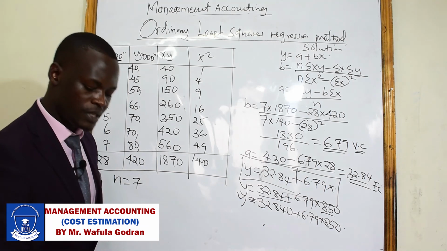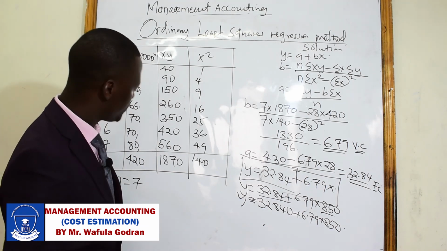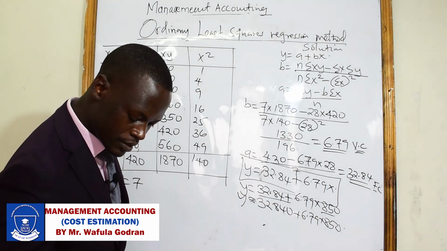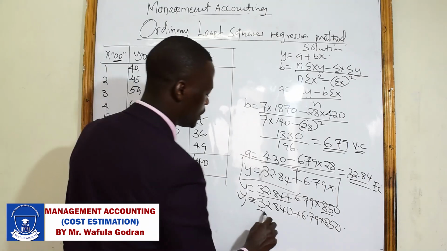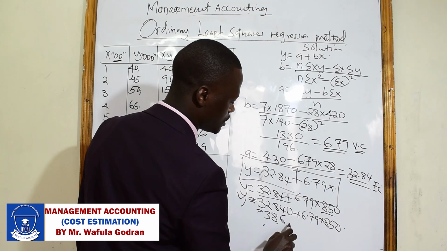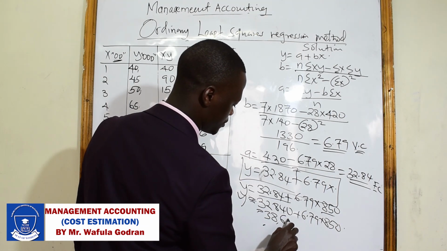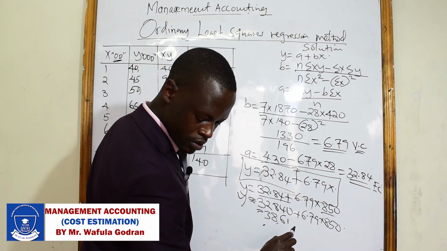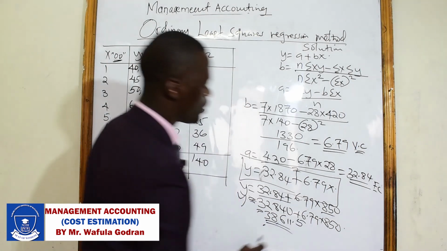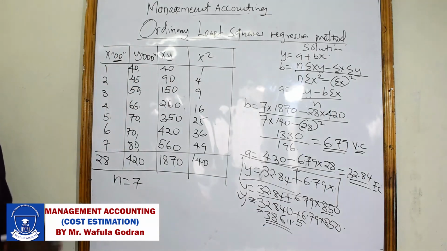That gives you a total of 38,611.5. So that is how we can now estimate the cost of producing that number of units based on that equation.